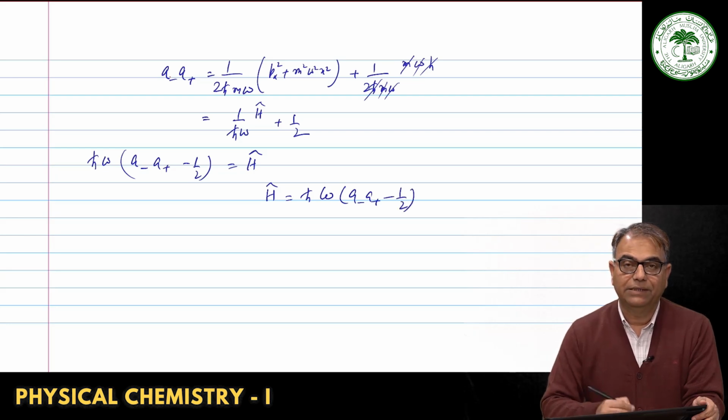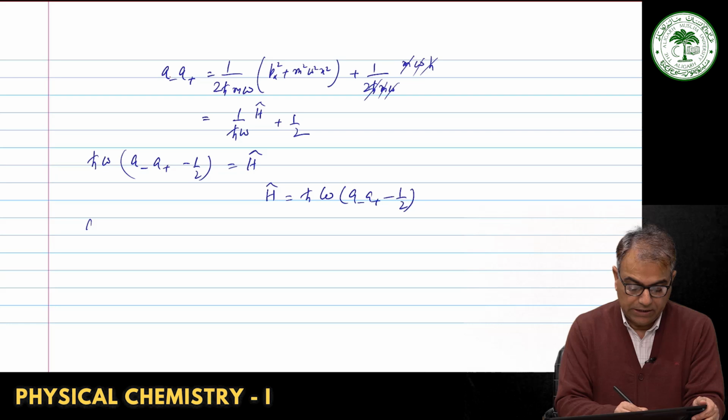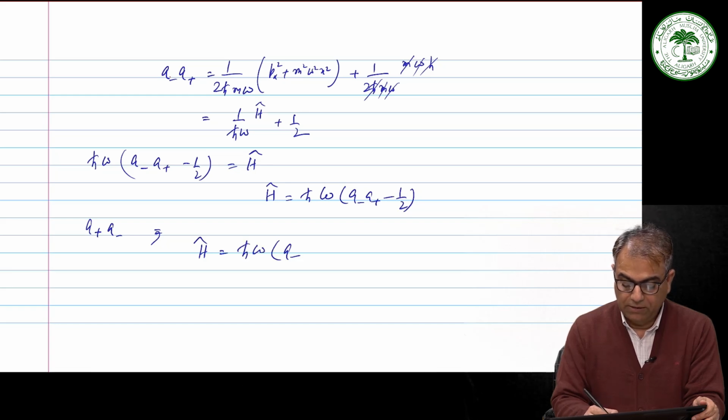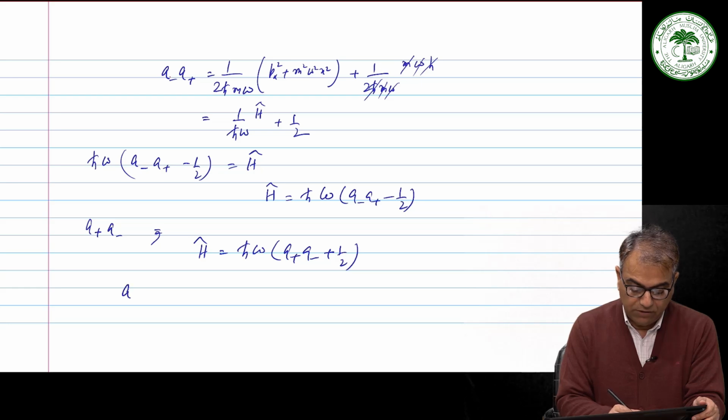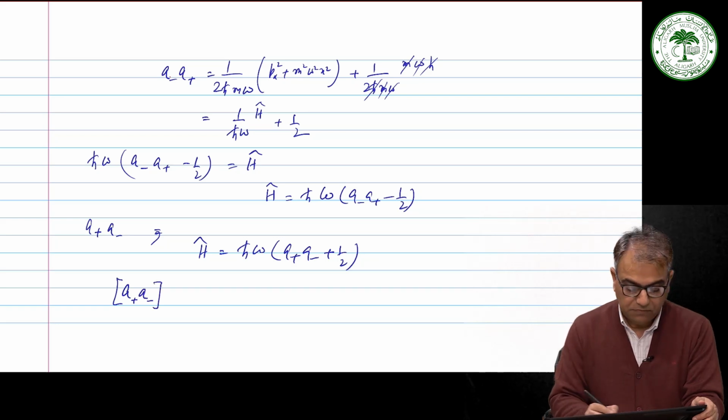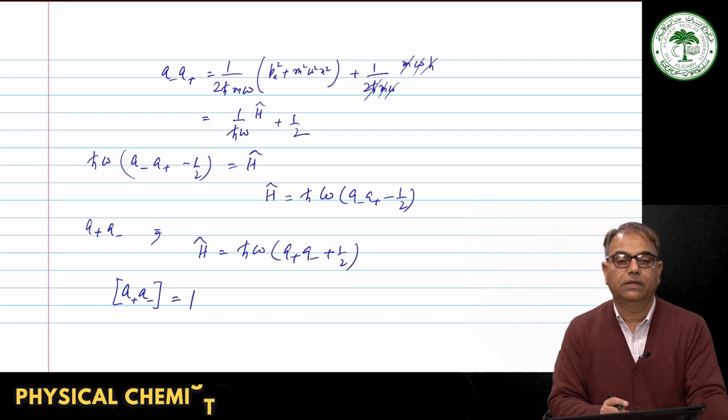Okay. In the same fashion, if you calculate a plus a minus, then you can bring the Hamiltonian in the form of h cross omega a plus a minus plus 1 by 2. And if you find out the commutator for a plus a minus, then you get this equal to 1. Okay.